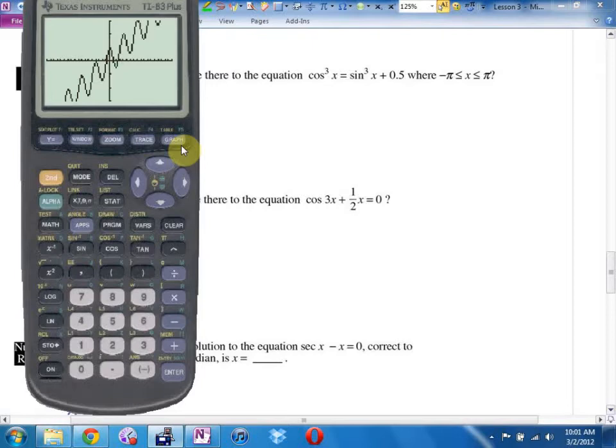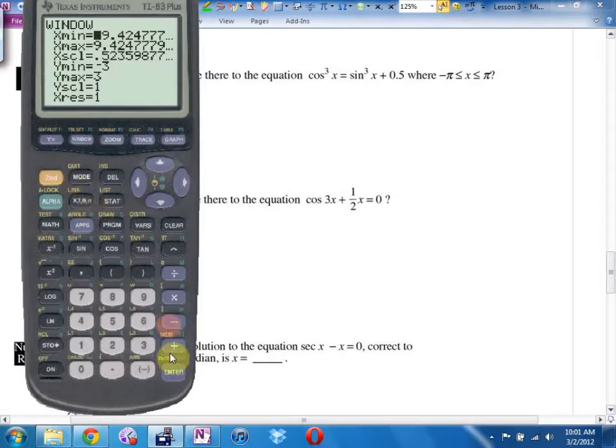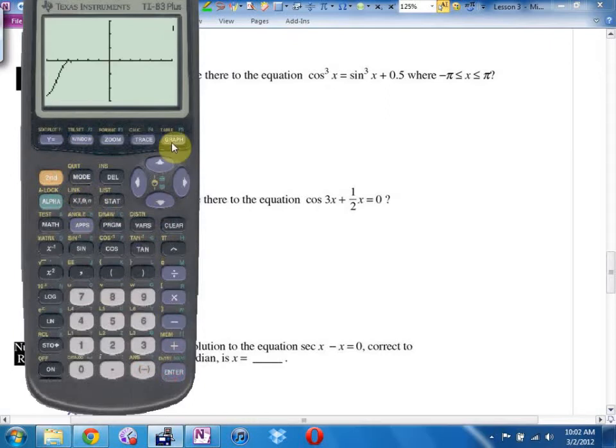Okay, let's zoom in a little bit, so I went window, negative pi to pi. I said, oh, 1, 2, 3, 4. That double root right there. And then I went and looked in the back, and the back said 3.